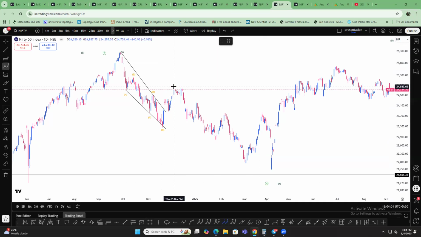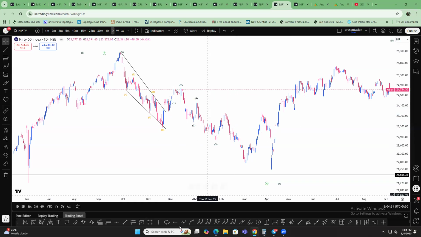In wave C, this is 1, 2, 3, okay, just remark it. This is 1, 2, 3, 4, and 5.